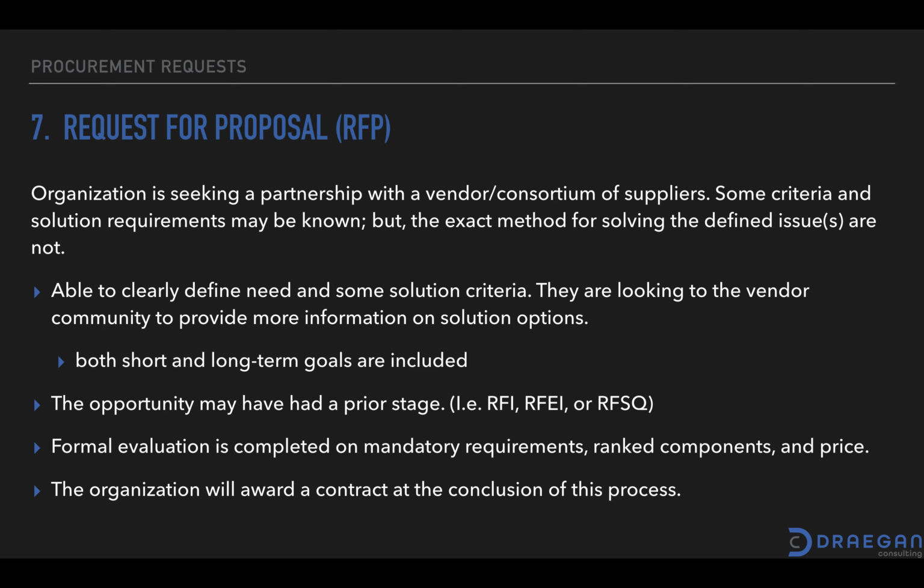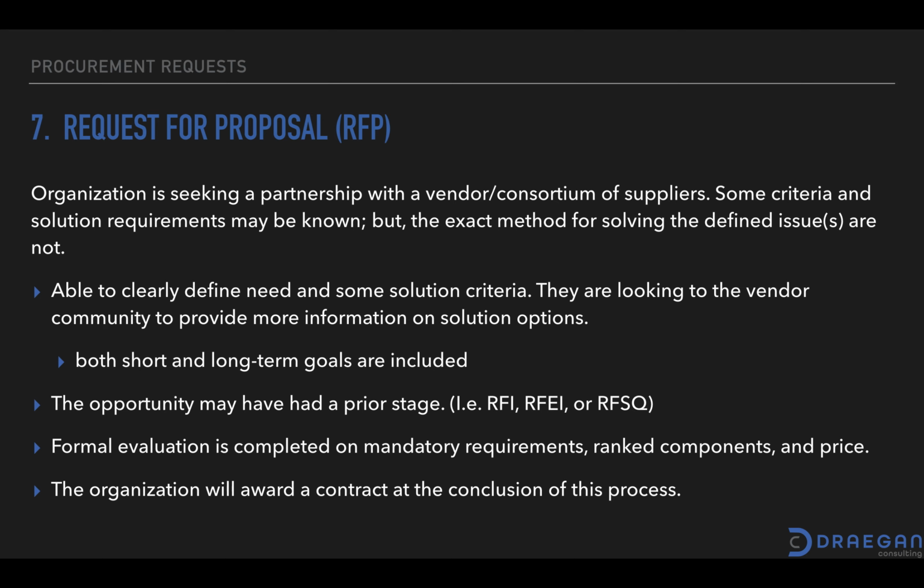The opportunity may have a prior stage. This may follow an RFI, an RFEI, or an RFSQ round, so there may have been a narrowing of the field and shortlisting prior to this RFP. A formal evaluation is completed. There are typically 3 areas evaluated as a large grouping. First, mandatory requirements, which must be met by the supplier or vendor.